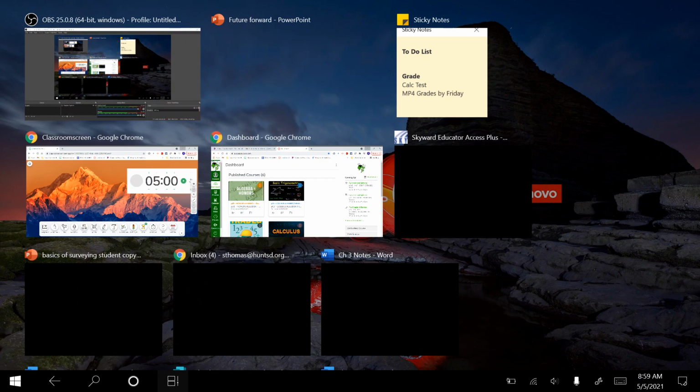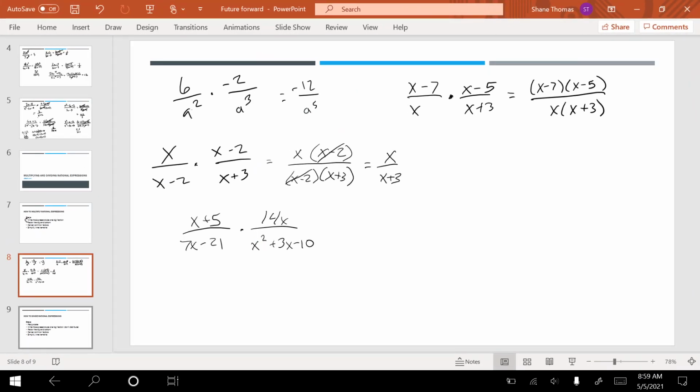Now, on this one, factor everywhere we can. So, can I factor in x plus 5? I cannot. Can I factor a 7x minus 21? Yeah. What can I factor out? 7. Leave me with x minus 3.